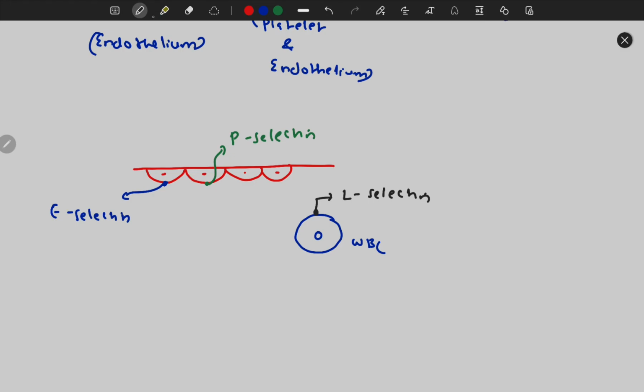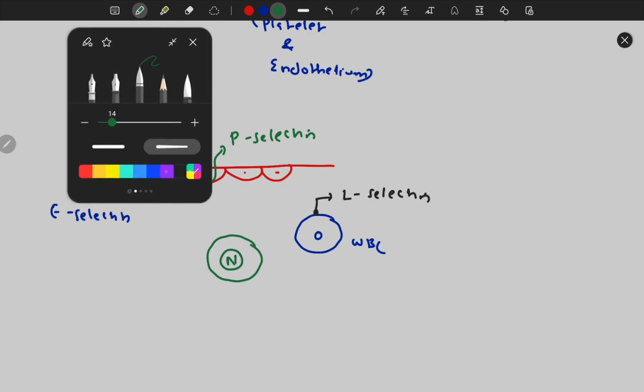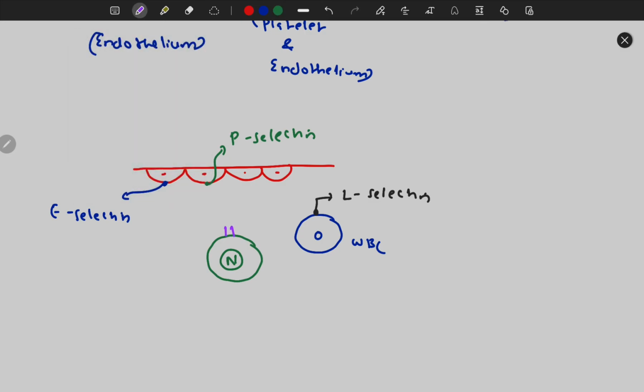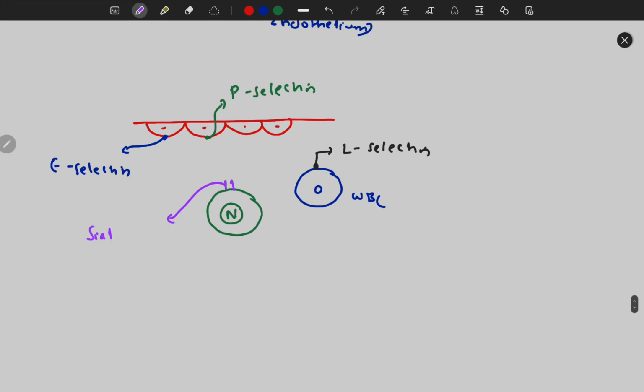Now, here this is a neutrophil, and that neutrophil is having a glycoprotein. So this is the Cellular Lewis X modified glycoprotein.